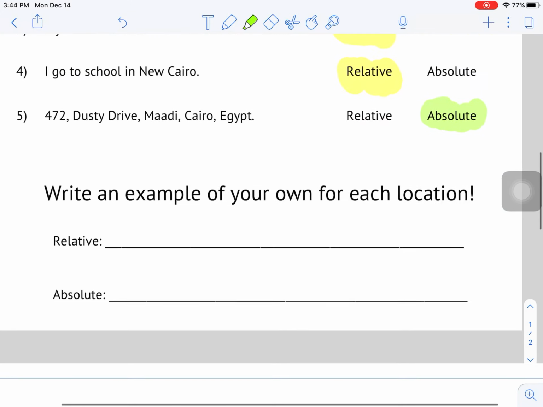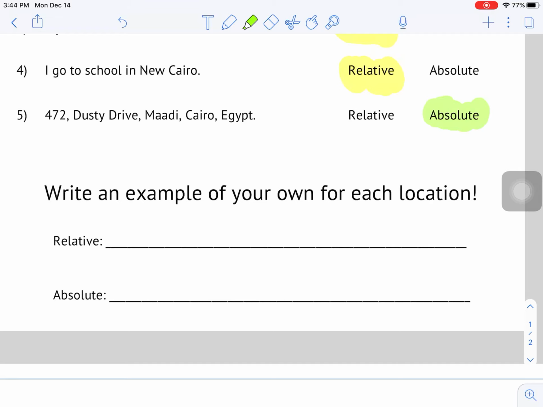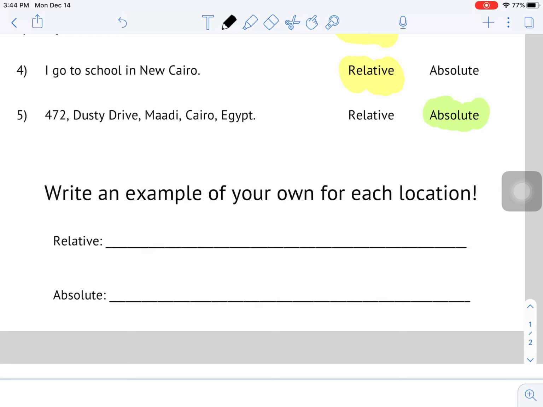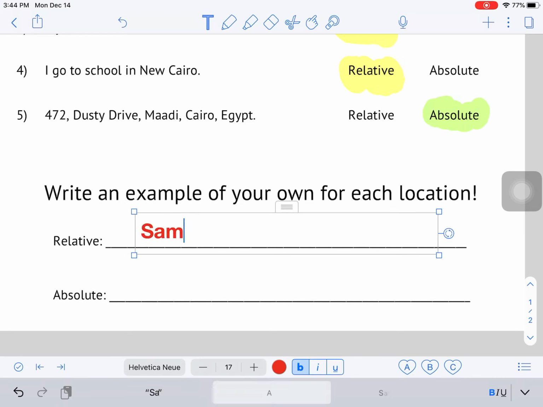At the bottom, you are going to write an example of your own locations here for relative and absolute. You do need to do this in complete sentences. If you run out of room at the top up here, try to squeeze it in right below. Just do your best, or make your font smaller. If you choose to use a text box, I'm just going to write sample.